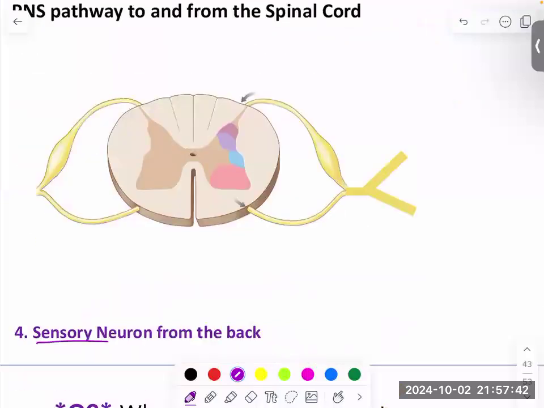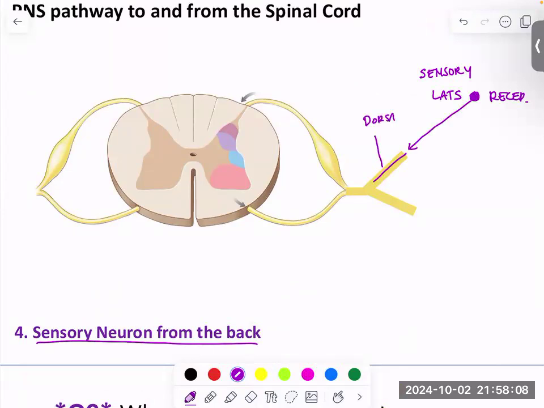Sensory neuron from the back. Someone pokes your back, they're trying to get your attention. So you have a sensory receptor on your lats. That's what people call the latissimus dorsi. You have a receptor there. That's going to go into which, what's that? The dorsal ramus.